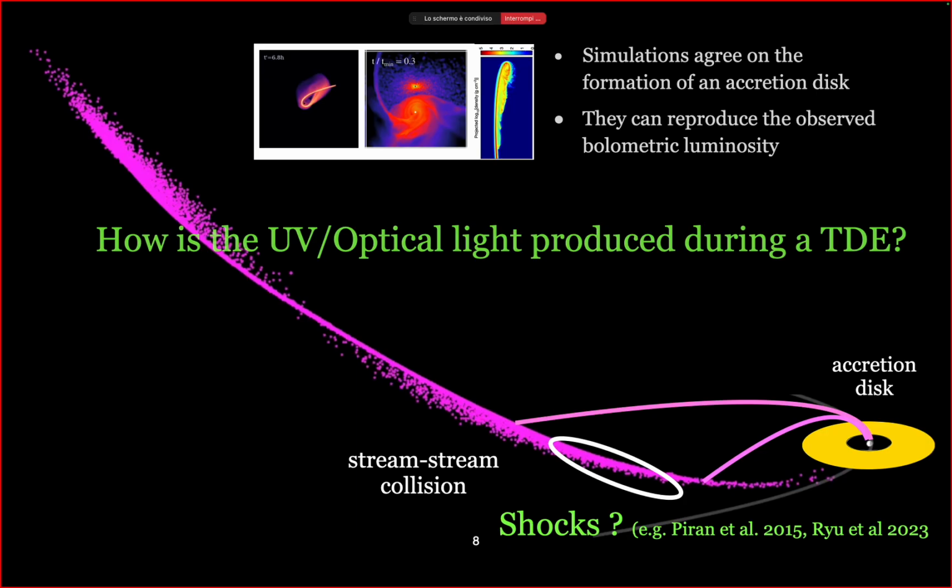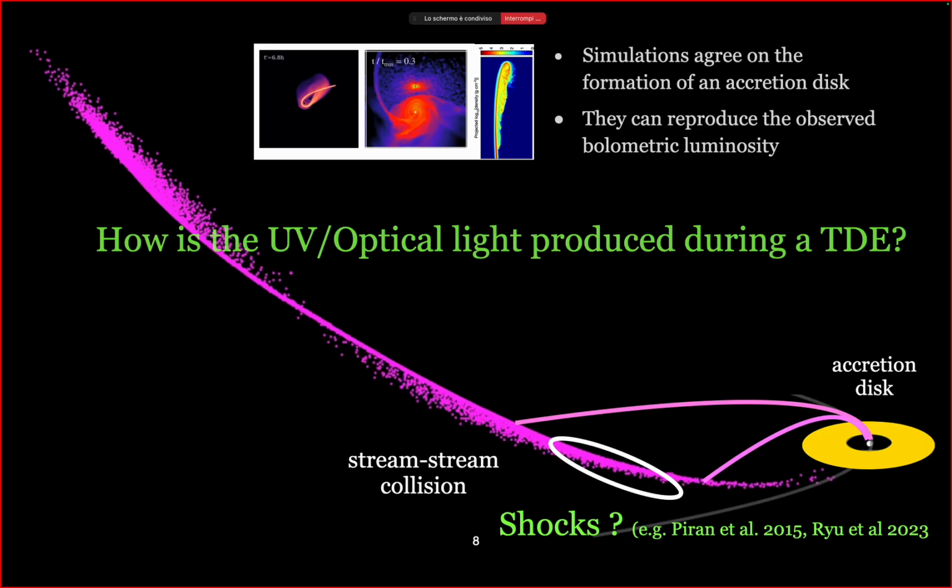This disk is formed during the TDE, but what I think is that you form this disk, but then you still have gas that is orbiting on much longer timescales. It still needs to come back, and eventually it will inflow into the disk.